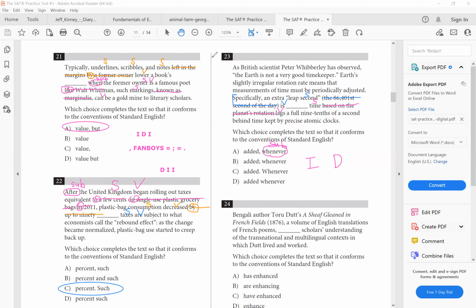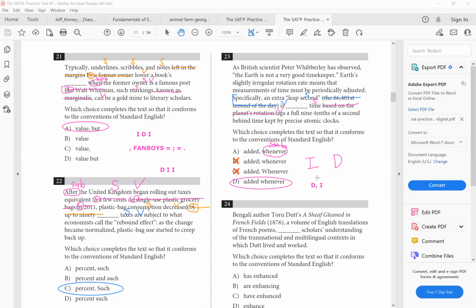Semicolon equals period. So right away you should know B and C are out because they're interchangeable, meaning they are both wrong. And a general punctuation rule for an adverbial clause is when the independent clause comes before the dependent clause, you do not need a comma. Whereas if the dependent clause comes before the independent clause, you need an introducer comma. So in this case, we have ID.